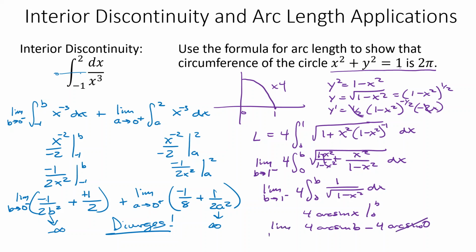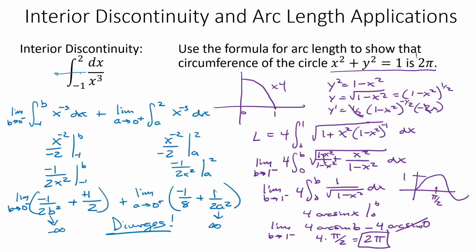And we're taking the limit as b goes to 1 from the left. Well, the arc sine of 1 is just, not pi over 4, sorry, pi over 2. That's where sine equals 1, pi over 2. Sine looks like this, and this is pi over 2. All right, so we just get 2 pi as our answer.